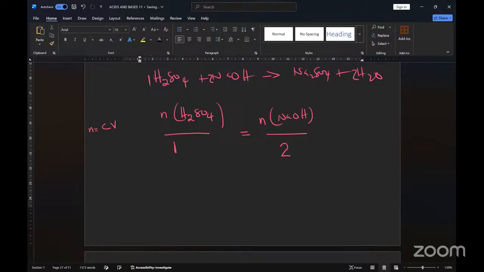So here, instead of putting the number of moles, and this is an acid, we say the concentration of the acid times the volume of the acid divided by 1 must be equal to the concentration of the base times the volume of the base divided by 2.